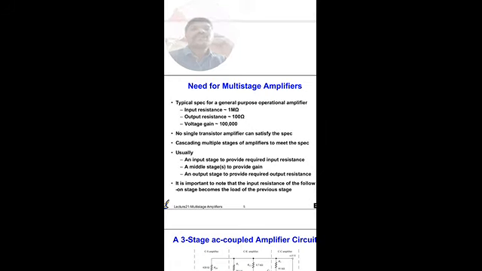In the previous class we studied that the CC amplifier has a very high input impedance but no voltage gain, and the CB amplifier has high voltage gain and low output impedance.